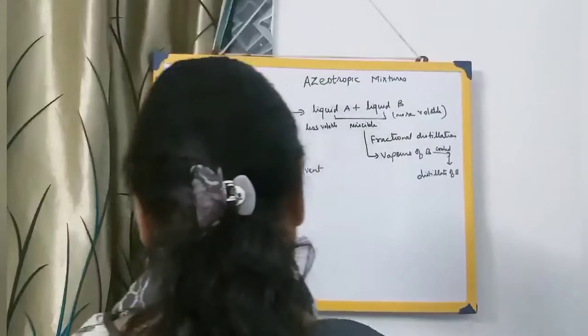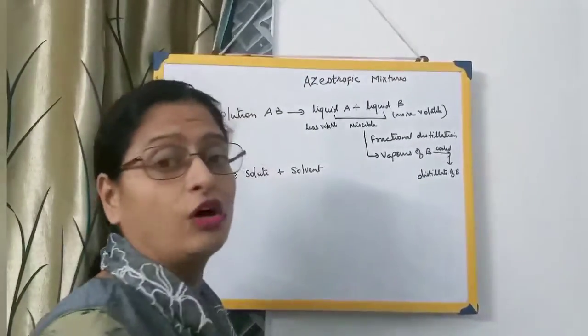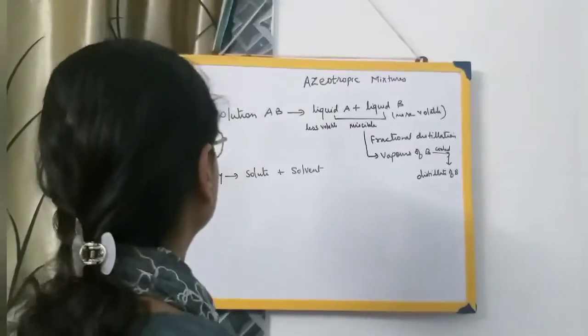The composition will not change, the temperature will not change. It will continue to boil with constant composition and constant temperature. Such a binary solution which boils or distills over at a constant composition, at a constant temperature, without change in the composition, that is called an azeotropic mixture.